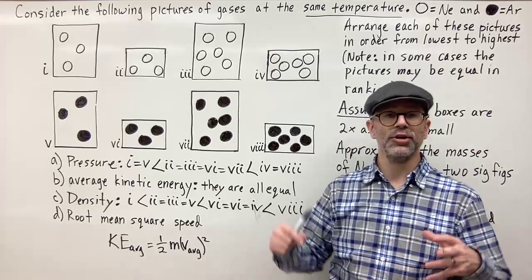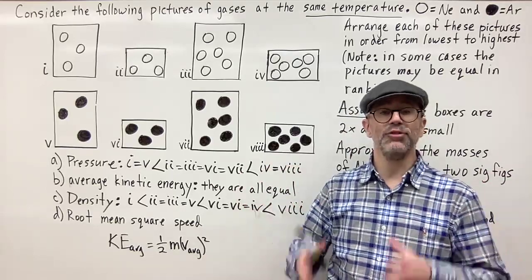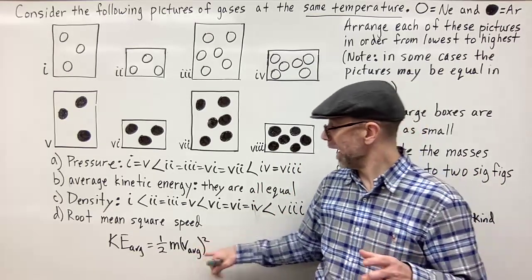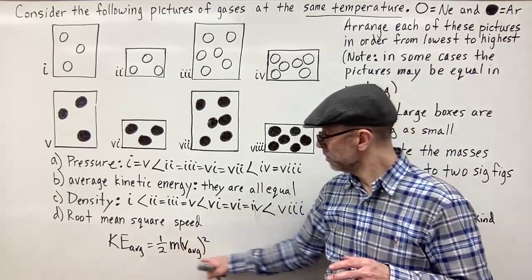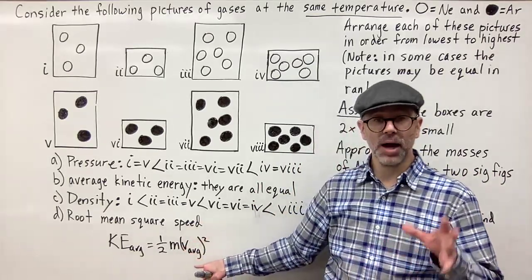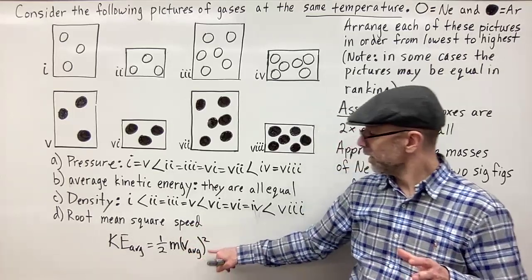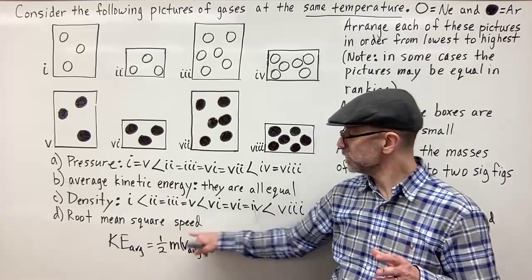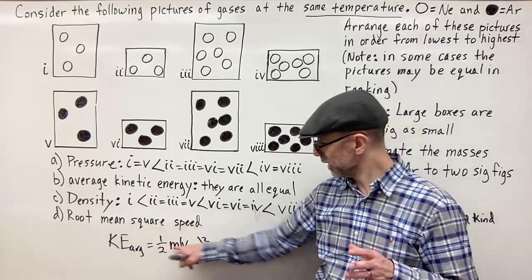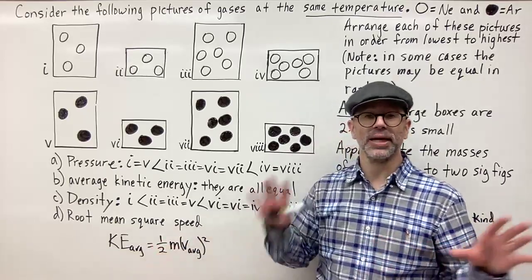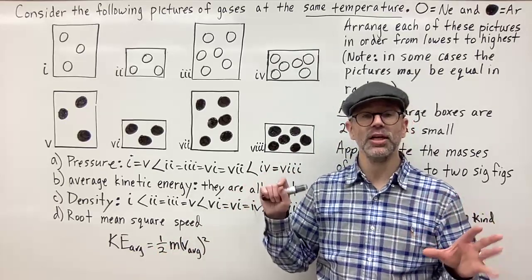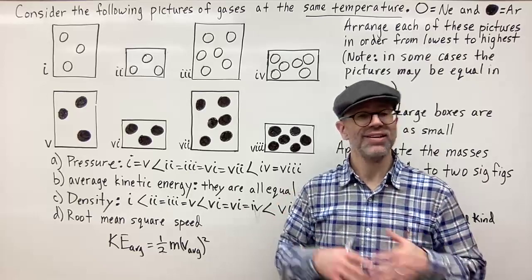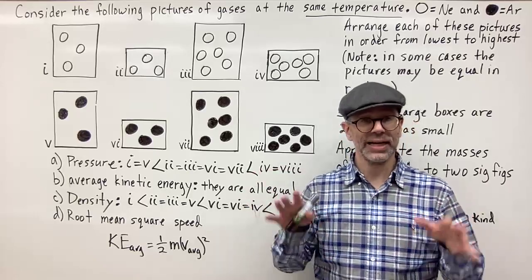So you can have two gases of different particles at the same temperature, and the lighter particle is going to be less massive, so the mass is going to be lower. The average speed is going to be higher, so they kind of balance out. So you end up getting the same average kinetic energy for any particle. So this is why the identity of the particles doesn't matter when you're talking about kinetic energy.